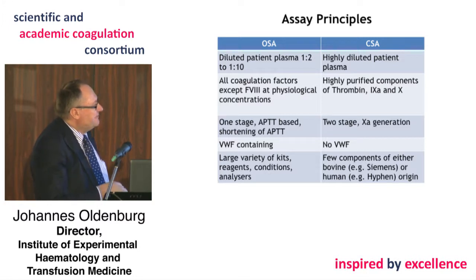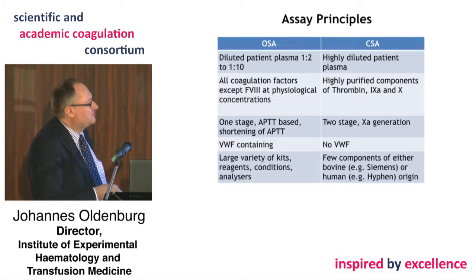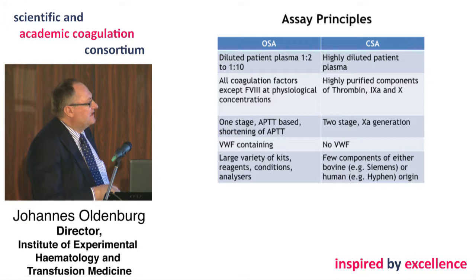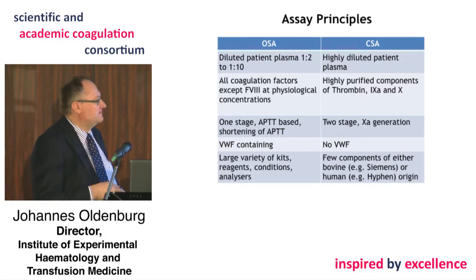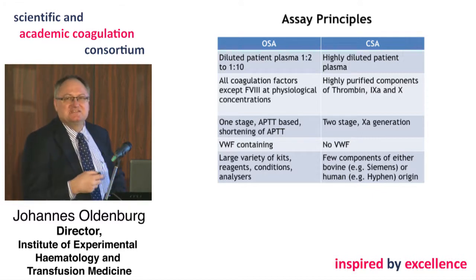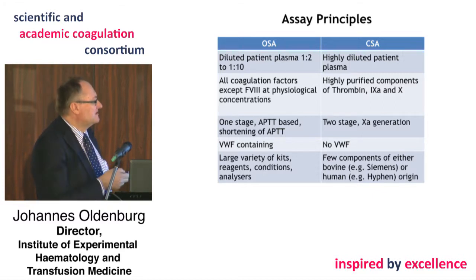This assay is APTT based, and we are measuring a shortening of the APTT, and here we have a factor Xa generation. For the one-stage assay, we have a huge variation of kits, reagents, conditions, and analyzers. For the chromogenic assay, we have much less different components.